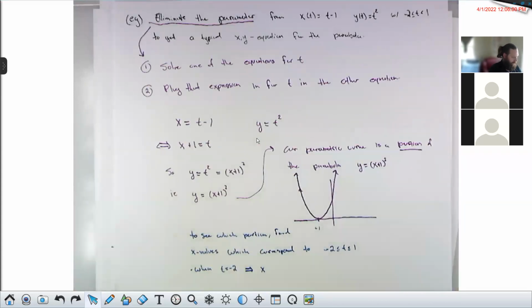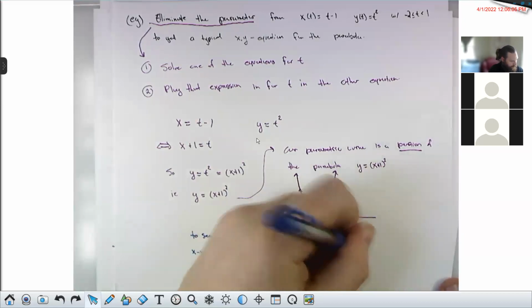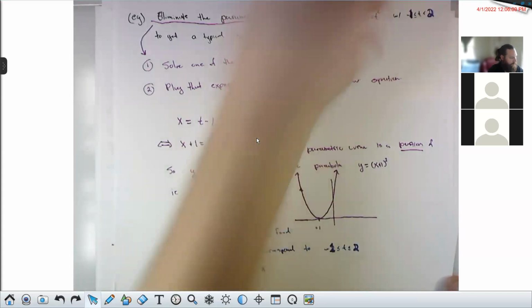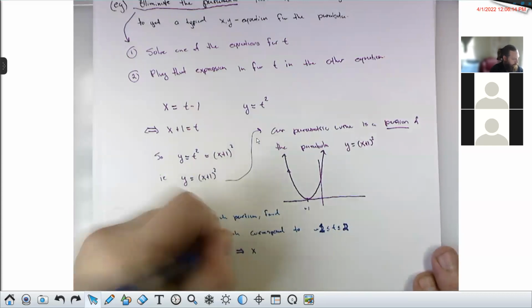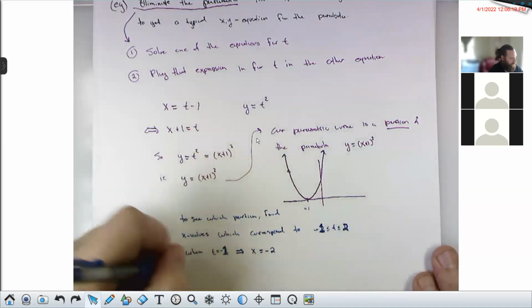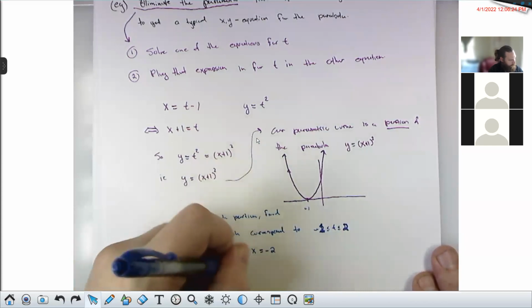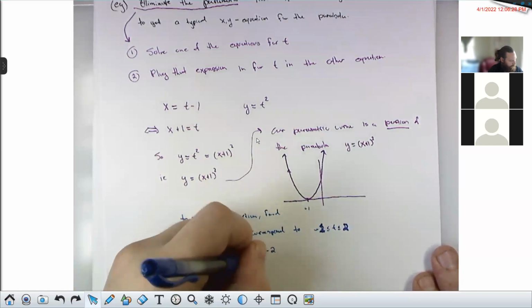We did negative 1 to 2, sorry. So when t is equal to negative 1, x was negative 1 minus 1, which is negative 2. And when t was equal to positive 2, x is equal to positive 2 minus 1, which is positive 1.